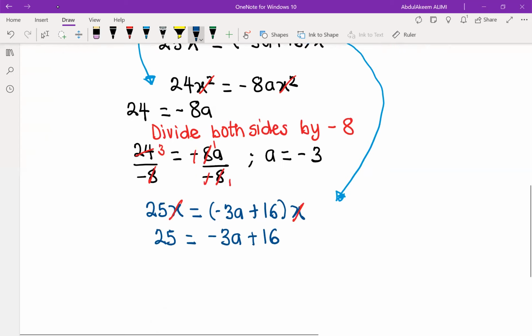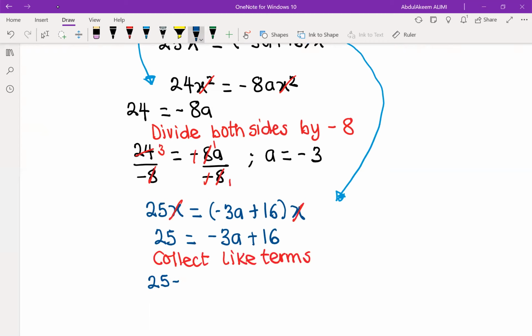What's the next thing I'm going to do? I'll collect like terms. That will become 25 minus 16 equals minus 3a. So this will become 9 equals minus 3a.